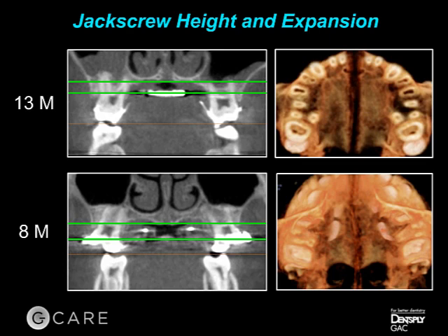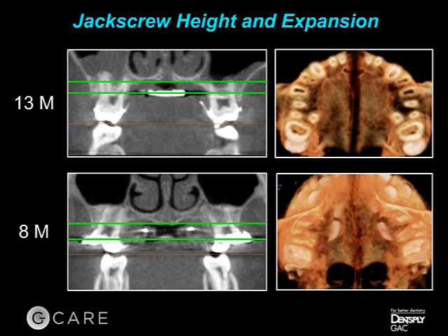So think about it also. When the screw is here, there is the center of resistance of these teeth, and these teeth are able to tip a lot easier than the center of resistance of the entire jaw. So this low screw can easily cause these teeth to tip, whereas this high screw, which is now above the center of resistance of the teeth, actually prevents tooth tipping and encourages more sutural expansion. So this is something to think about later.